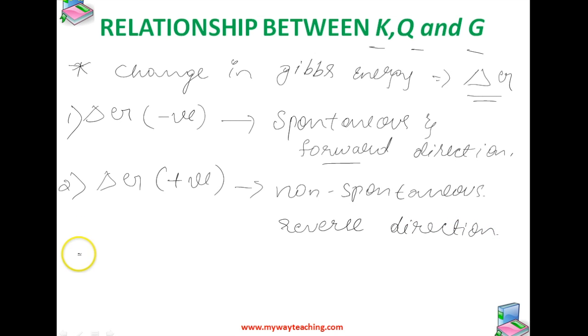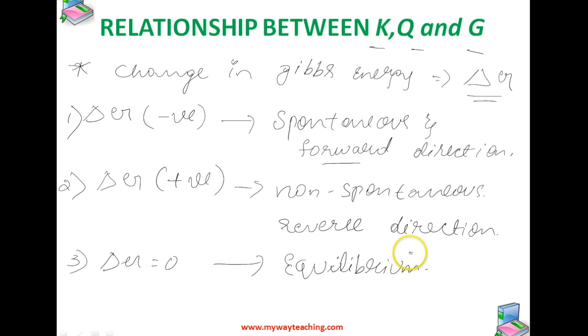Okay, next, third one, when delta G is 0, the reaction has achieved equilibrium. At this point, there is no longer any free energy left to drive the reaction. Okay, so this is about the delta G value.